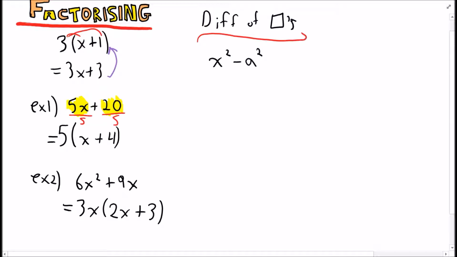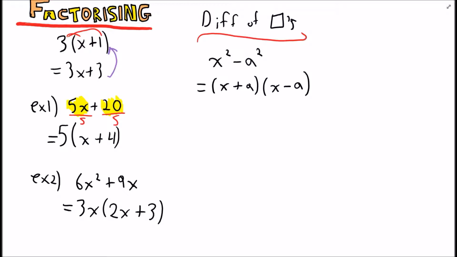There's a subtraction between two things that are being squared. When we have this, the pattern to factorize is always the same. It'll be the term, without it being squared, plus the other term in the first bracket, and then in the second bracket, it'll be the term minus that. And because we have a plus and minus, it'll always get rid of that middle term. So there is, in this case, no ax term.